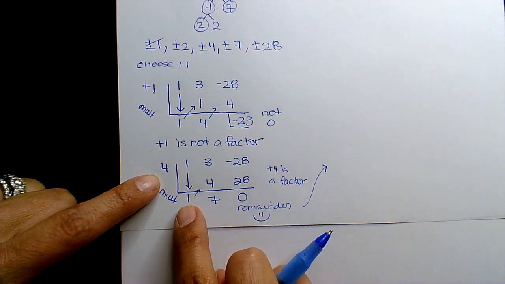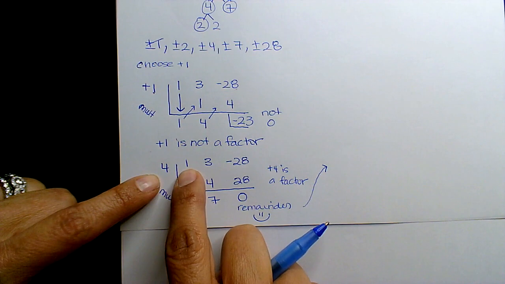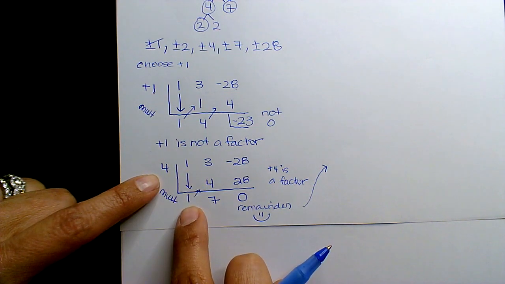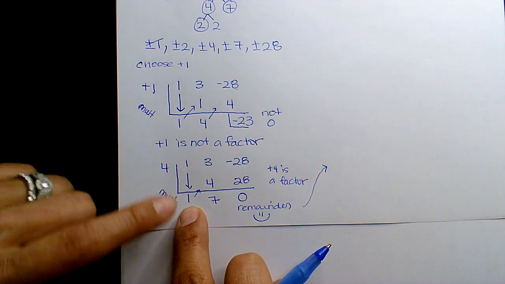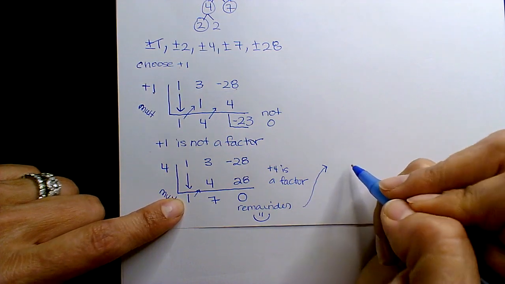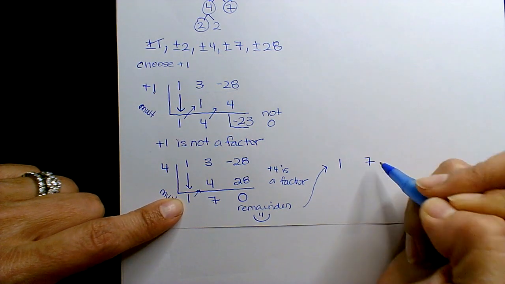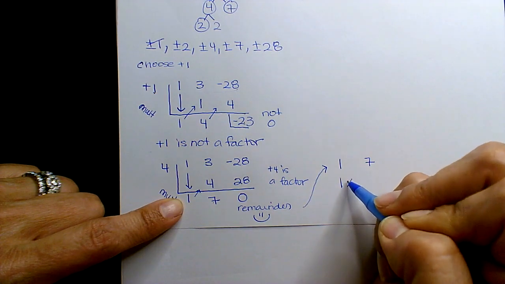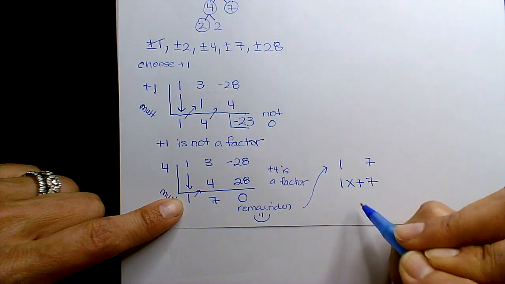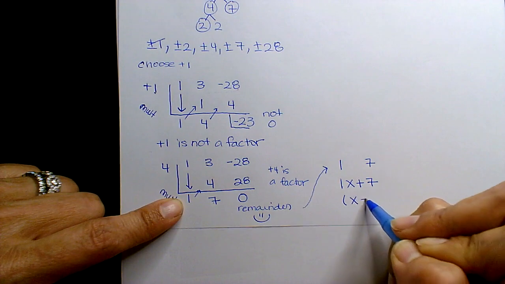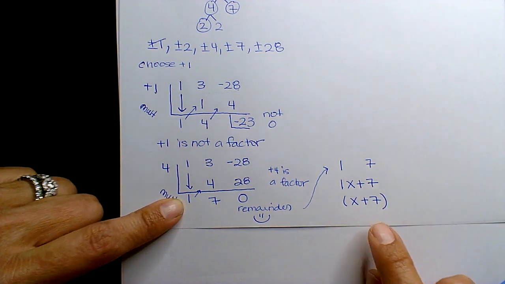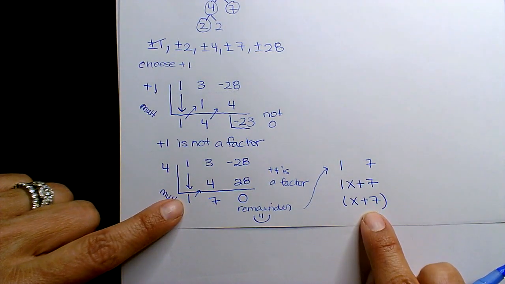If this is x squared, this is decreased by a degree, so this is now x to the 1. I know you see 1 and 7, but it's really 1x plus 7, which is your binomial x plus 7.